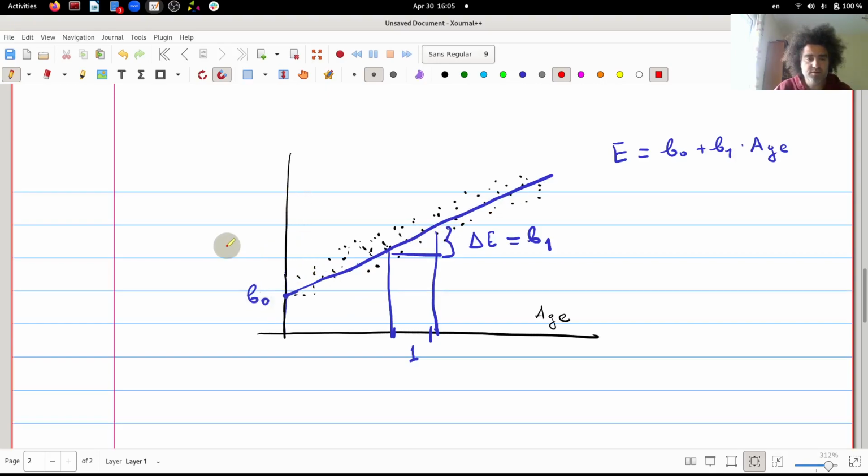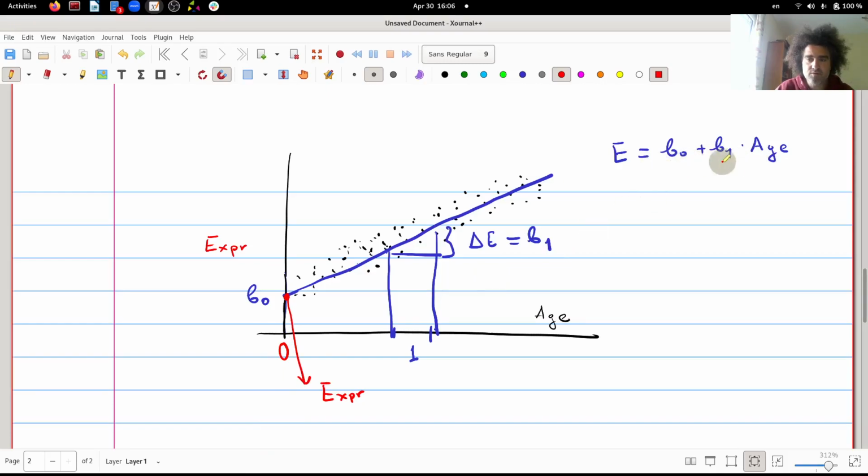This point here on the y-axis, this expression here, tells us what we predict the expression level to be when the age is 0.